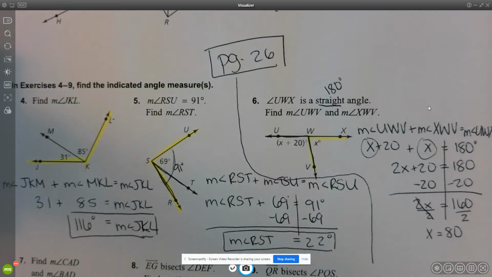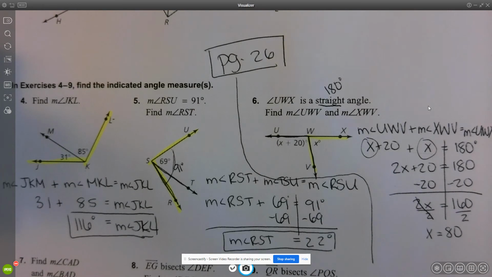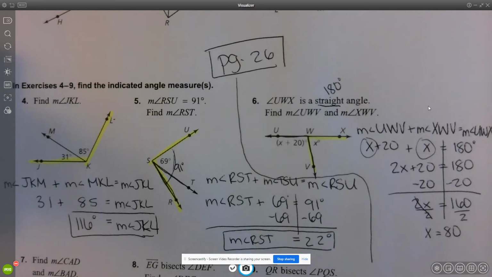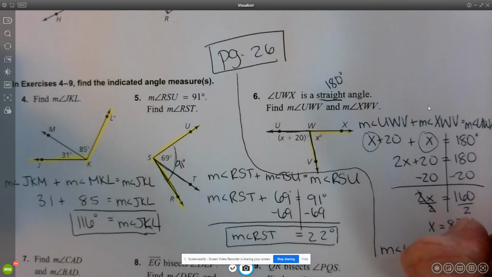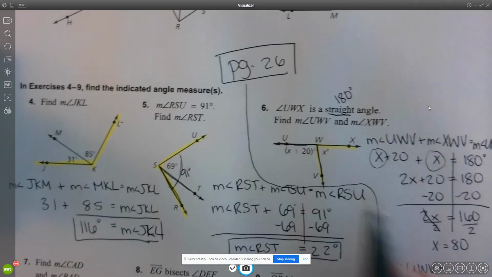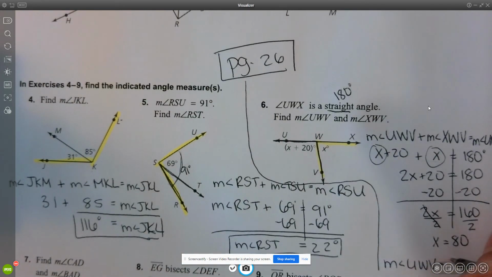But remember, we're not done. They want us to actually go back and find the measure of angle UWV and angle XWV. So the measure of angle UWV, they tell us, is equal to x plus 20. Well, if x is 80, I can substitute 80 in for x.